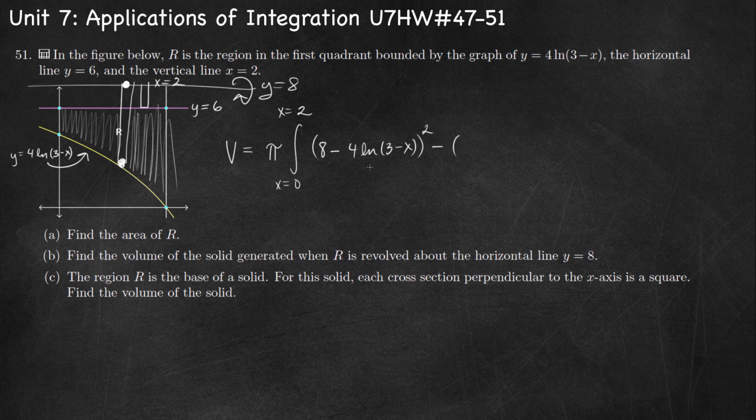Minus, and now my inner radius, I do top y minus bottom y, that's 8 minus 6, or just 2, squared, times dx. And that gives 168.18.